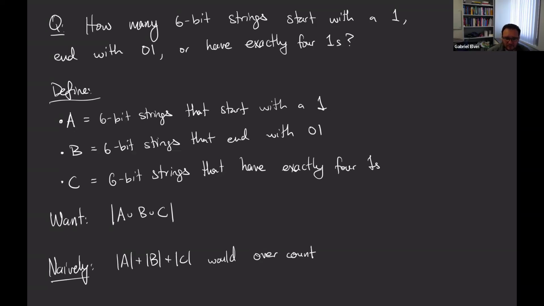Like as an example, here's a bit string that starts with a 1 and ends with a 0, 1. So this is in A intersect B. It's in both of them. So if you just added up all the things in A and then added up all the things in B, this would get counted twice.